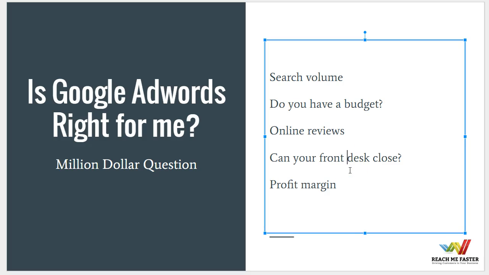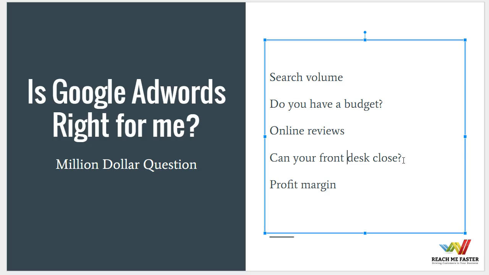The fourth factor you need to consider is, of course, are you able to close? And it's written, can your front desk close this? That's true, but you must also be able to look at, can you close the clicks? Because Google is selling you clicks. You first have to close the clicks into calls or form submissions, and then your front desk has to close those calls into new patient appointments.